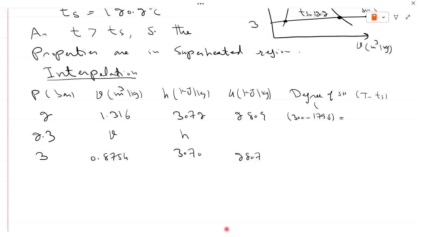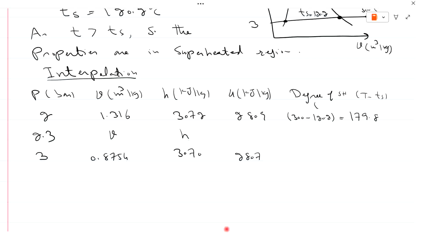So degree of superheat is equal to 179.8 at 2 bar, with a saturation temperature of 120.2.